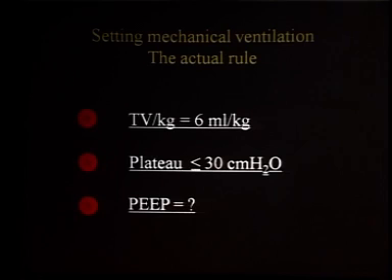The other side of the coin to the tidal volume is the pressure. In an elastic structure, we cannot change the pressure without changing the volume and vice versa. And the plateau of 30, where does it come from?